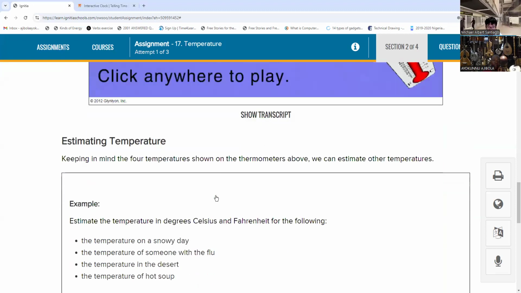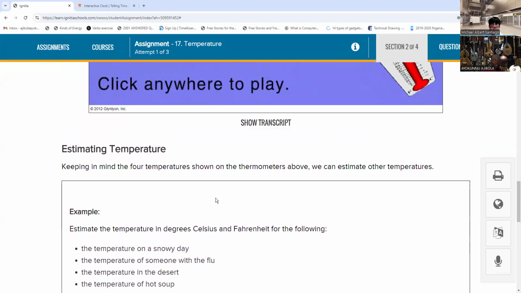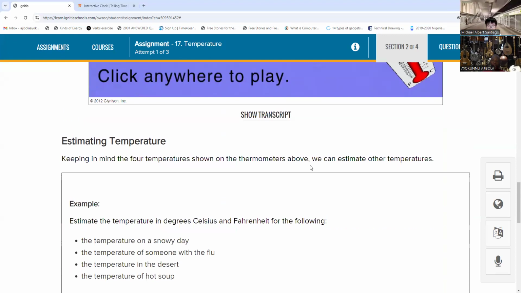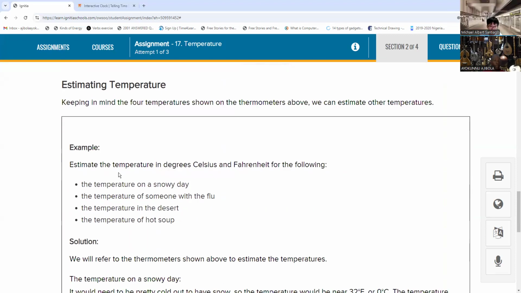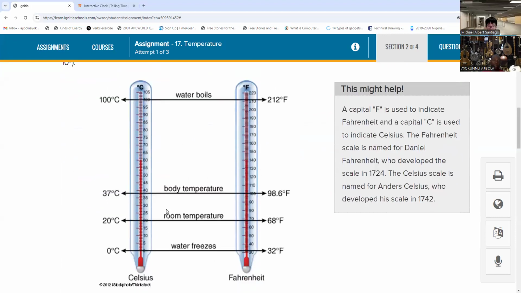So keep in mind the 4 temperatures shown on the thermometers. We can estimate all the temperatures, okay. Estimate the temperature in degrees Celsius and Fahrenheit for the following. We're talking about keeping in mind these 4 temperatures.